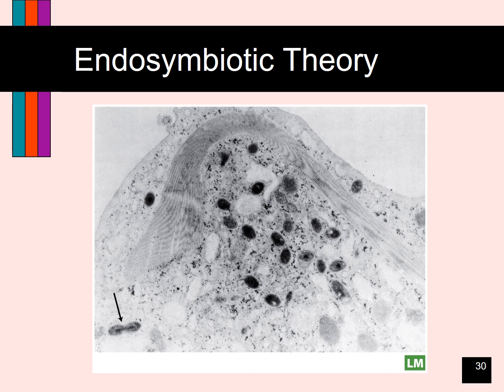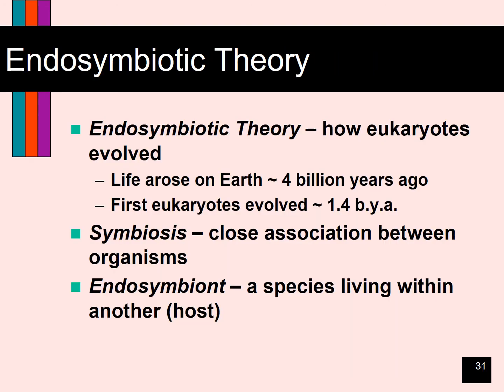And then they had an endosymbiotic relationship with a larger prokaryote, where they lived inside of that larger prokaryote and eventually became the organelles. And that endosymbiotic relationship between two prokaryotes evolved into a eukaryotic organism. So the endosymbiotic theory is really describing how eukaryotes evolved.